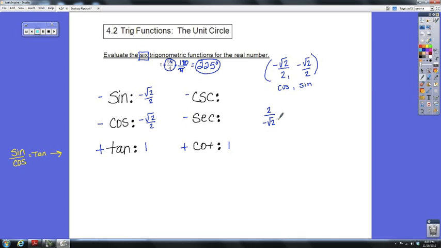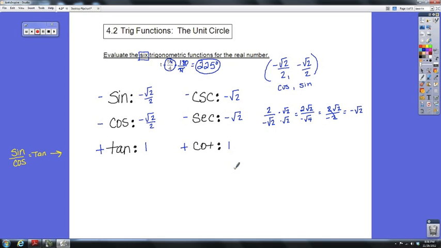You can't have a square root in the denominator, so you've got to multiply by the square root of 2 to rationalize the denominator. So we have 2 square root of 2 over negative square root of 4, 2 square root of 2 over negative 2. 2's cancel out, and you're left with negative square root of 2. So that would be your cosecant, and that would be your secant.